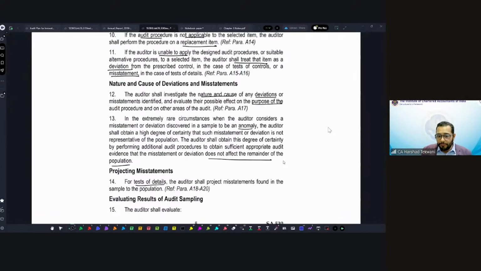So for the rest, for the test of details only, not test of controls. That's why I said I'm excluding test of controls from the projection. For the test of details, project the misstatement found in the sample to the population. Remember, test of controls not included.